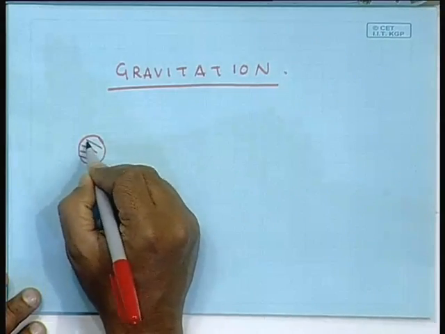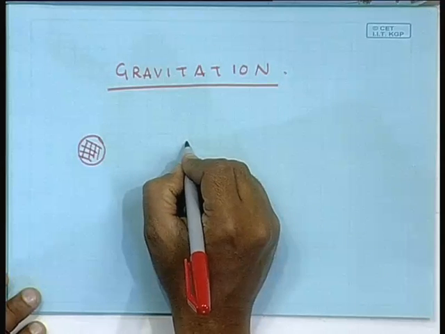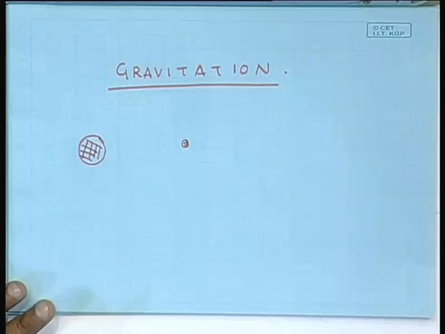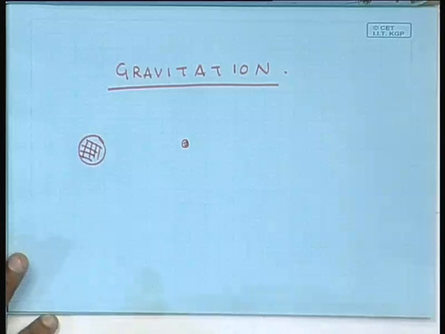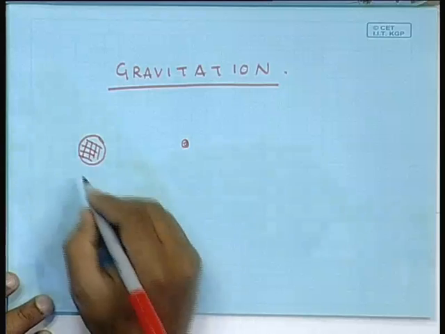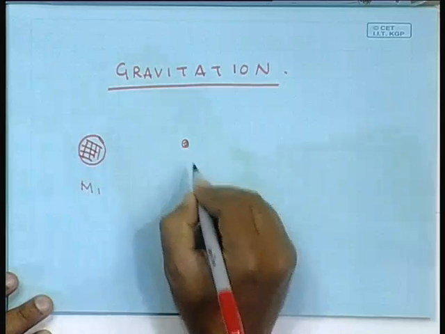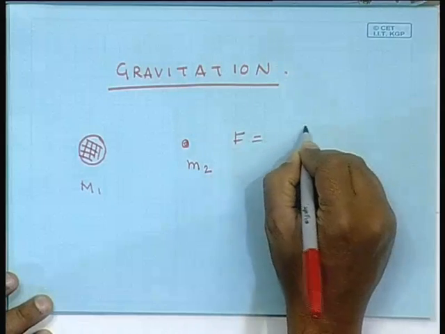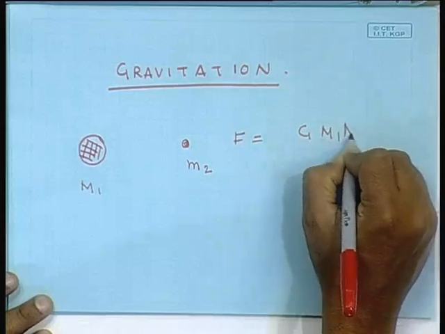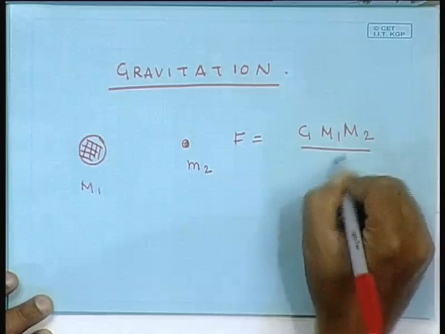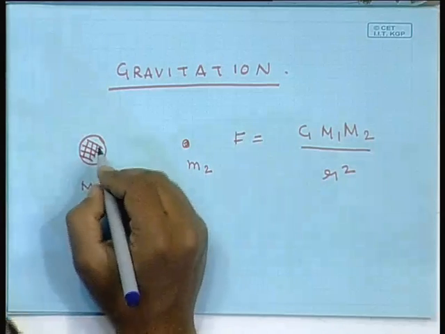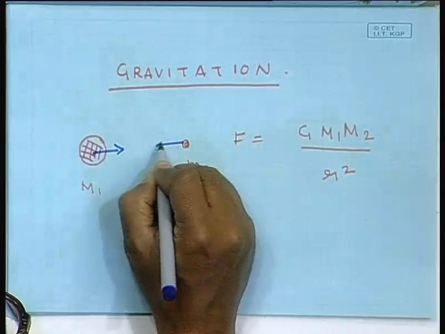All massive objects exert a gravitational force and also experience gravitational forces, and the gravitational force between 2 massive objects, one of mass m1, another of mass m2, is F equal to G m1 m2 by r square. This is what Newton's law of gravity predicts, and the gravitational force is attractive. It will cause these 2 objects to come together.